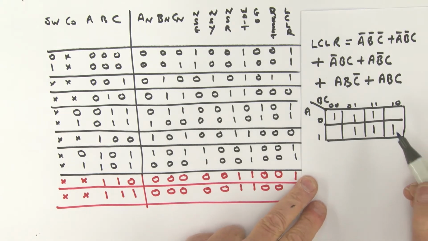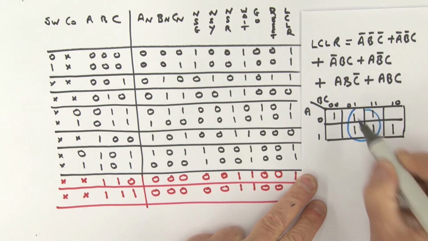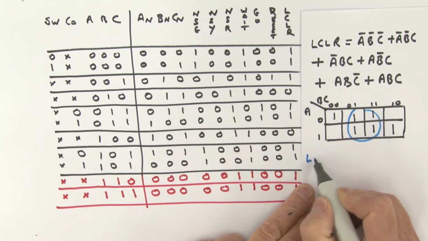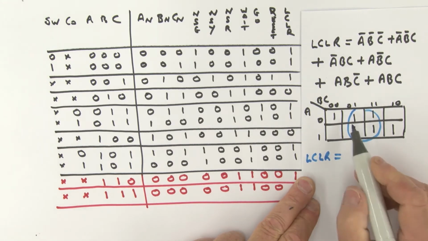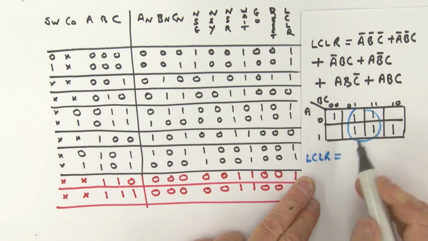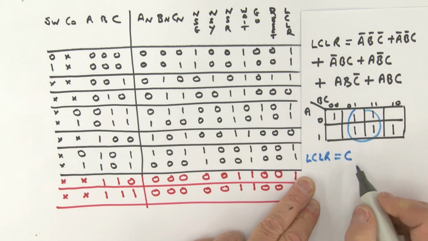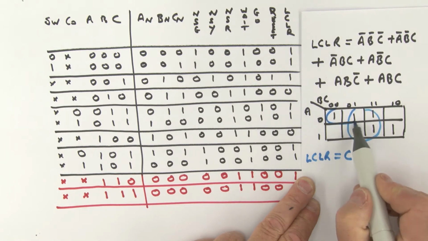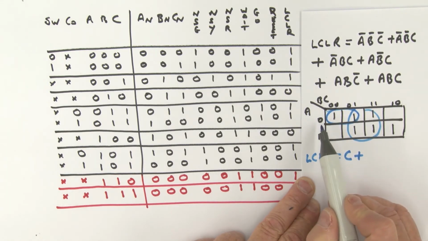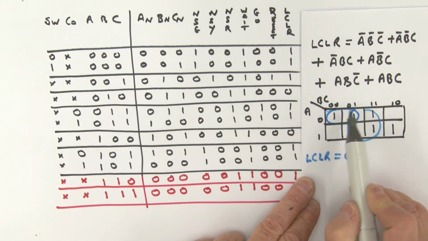What's our grouping here? Well, look, this is a good group over here, and so I can say then that LCLR is equal to, what's that term there? Well, look, that's just going to be C, isn't it? Or, what's my next grouping? Well, I can grab these two together, can't I? Reading that off, I have A bar, and what's coming across here?